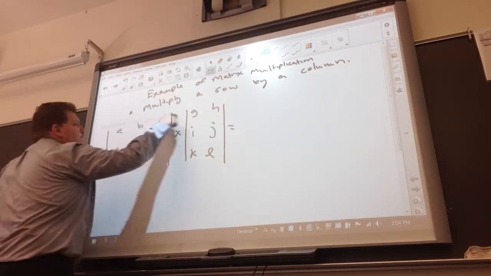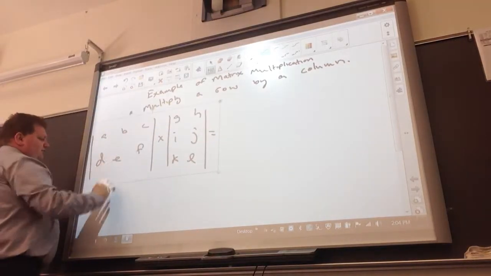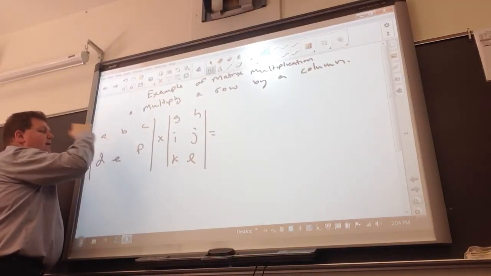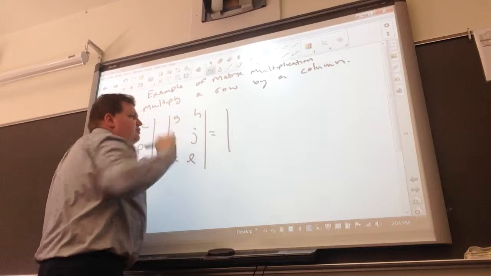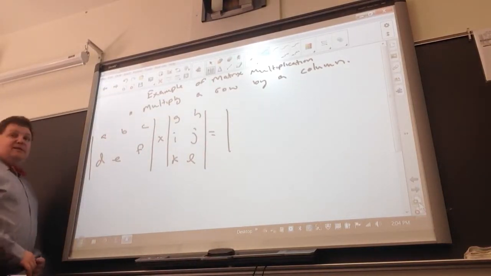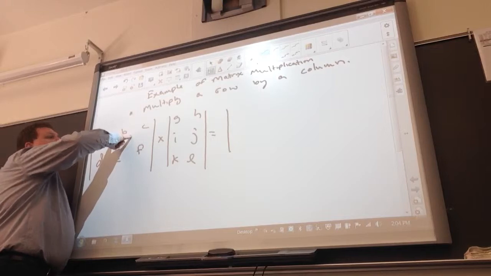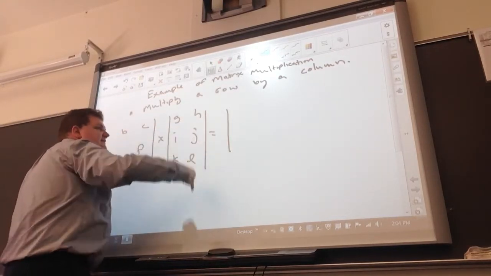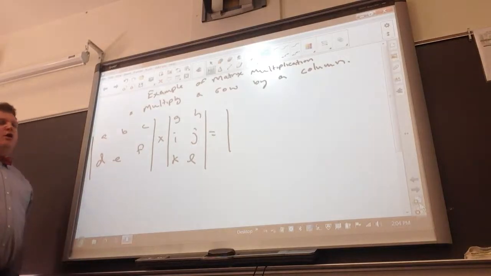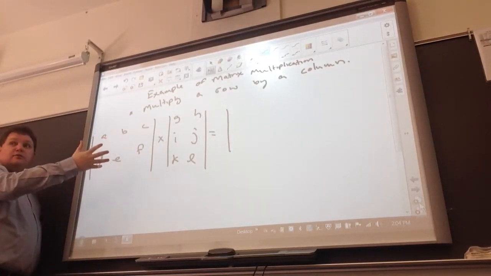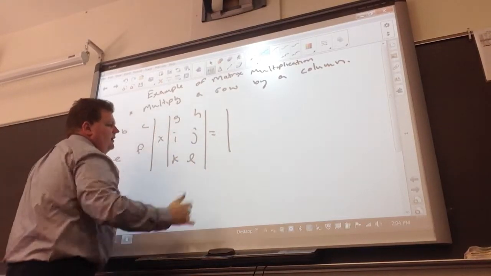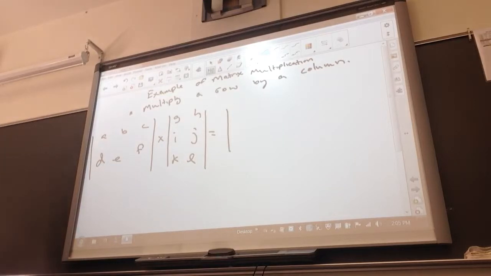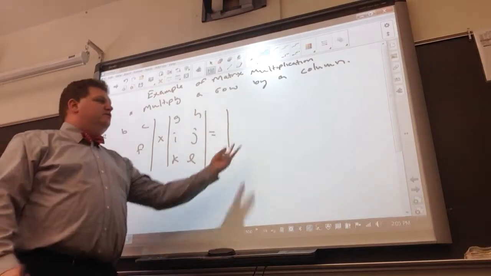Basically how it works is, I'm going to start with my first row here, multiply it by the numbers in the first column to get my first number in my new matrix. Then I'm going to repeat that process: use the first row, multiply by the second column to get my second number in my new matrix. When I run out of columns, I switch to the next row. So after that, second row, first column, second row, second column, and that fills in the rest of the matrix. My product here is going to be a 2 by 2 matrix, 2 rows, 2 columns.